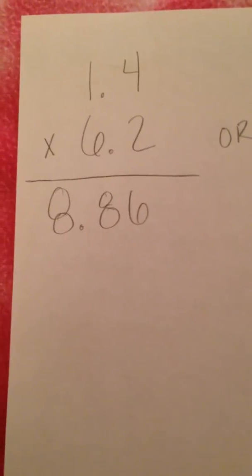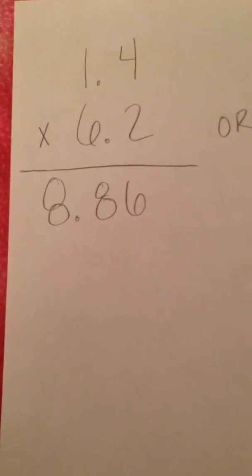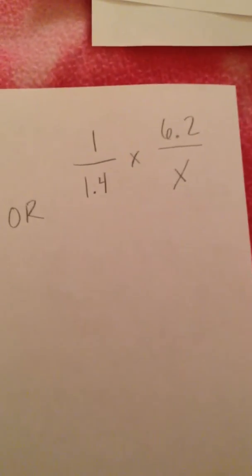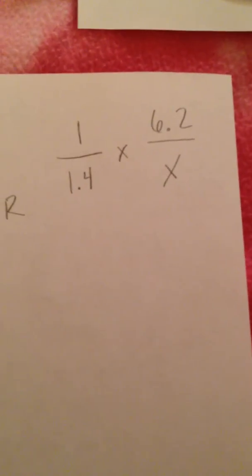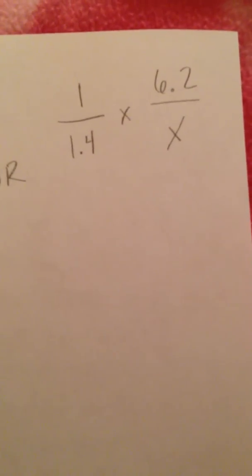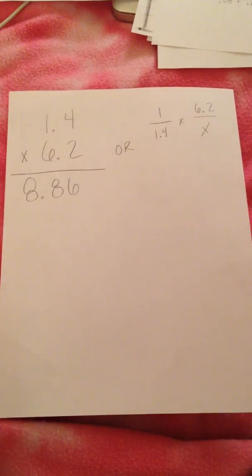Or, because in her work we can see that she uses fractions a lot, you can also do a ratio and show proportion, and this way you can also figure out the answer to this problem. So either one of these ways would be great ways of solving this problem.